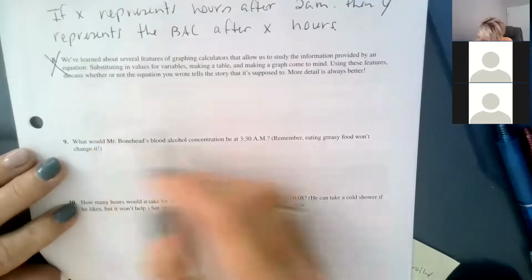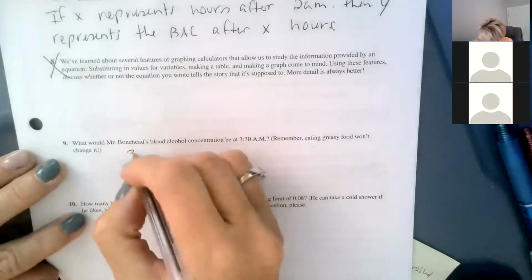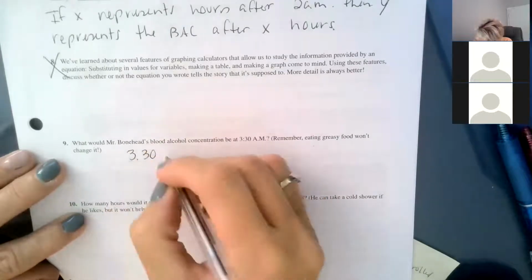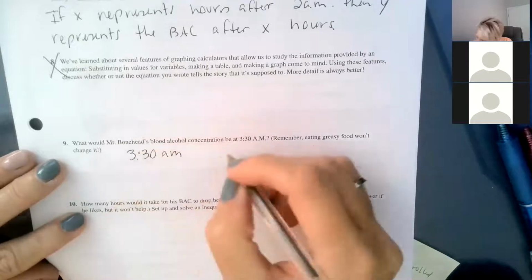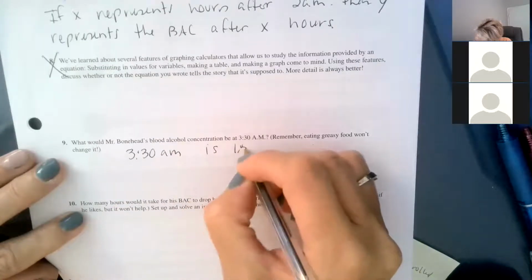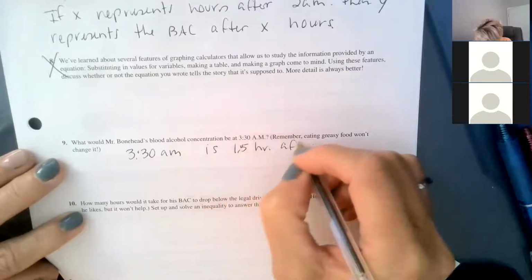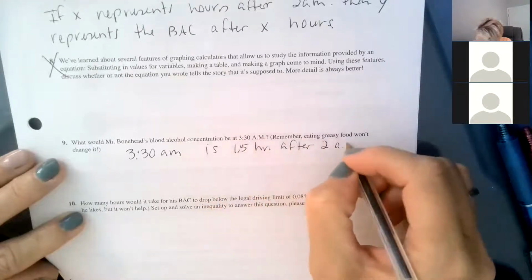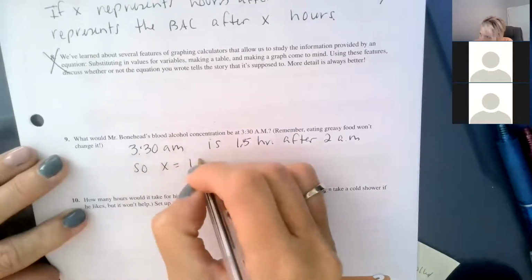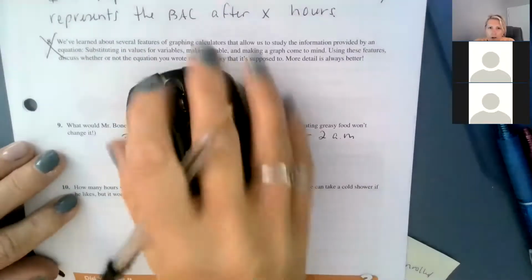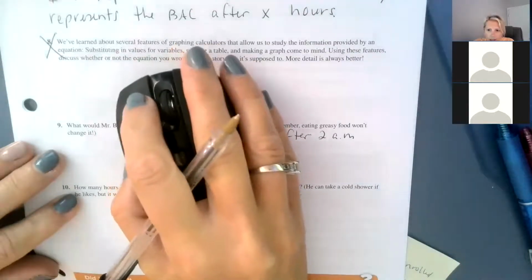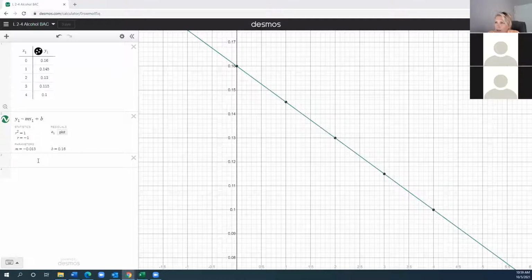So at 3:30 a.m., we have to figure out how many hours after 2 a.m. that is. So 3:30 a.m. is 1.5 hours after 2 a.m. So we're talking about x equaling 1.5. So we can go to our Desmos here and do a couple of different things.